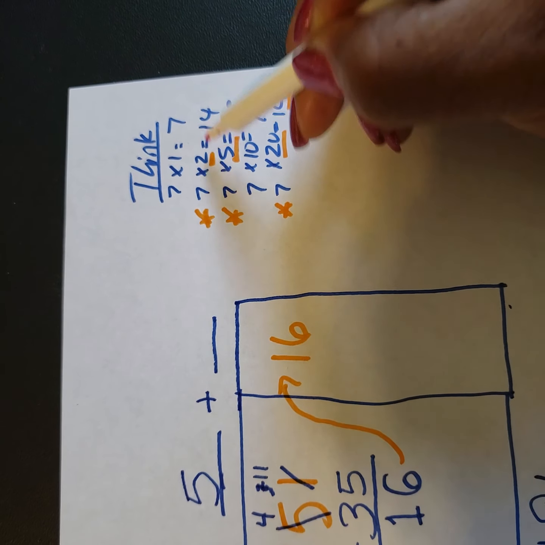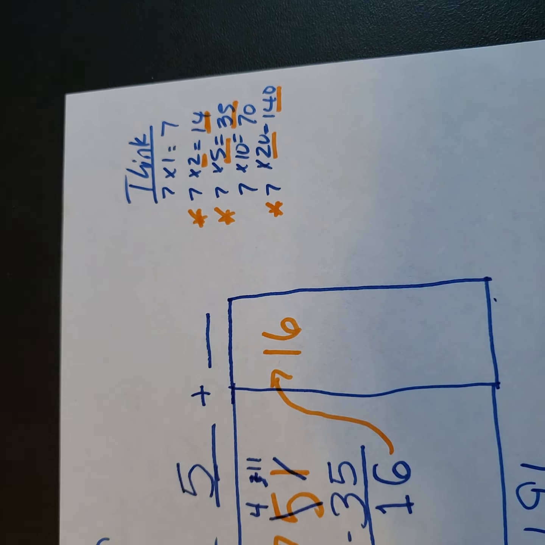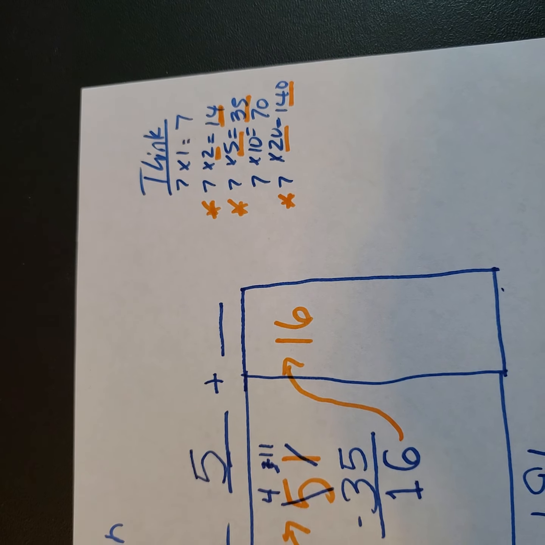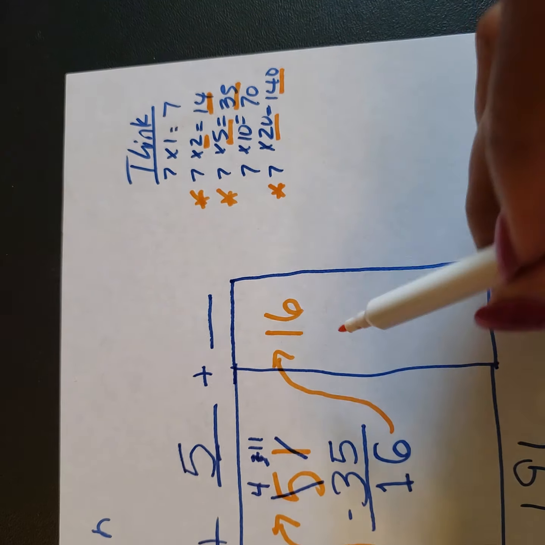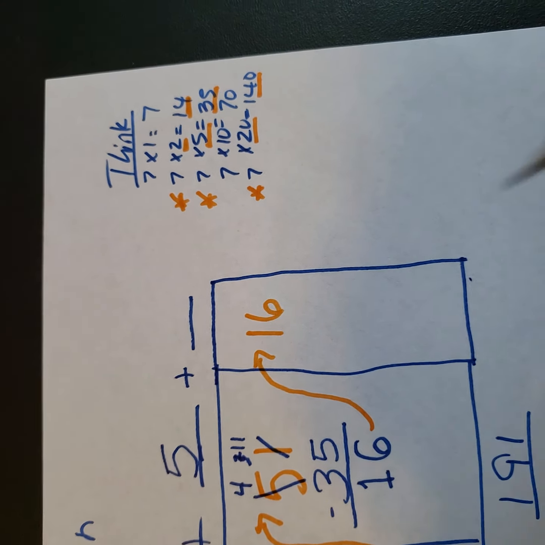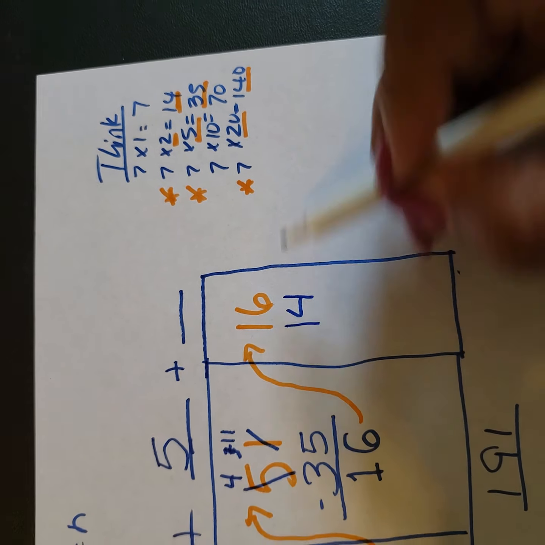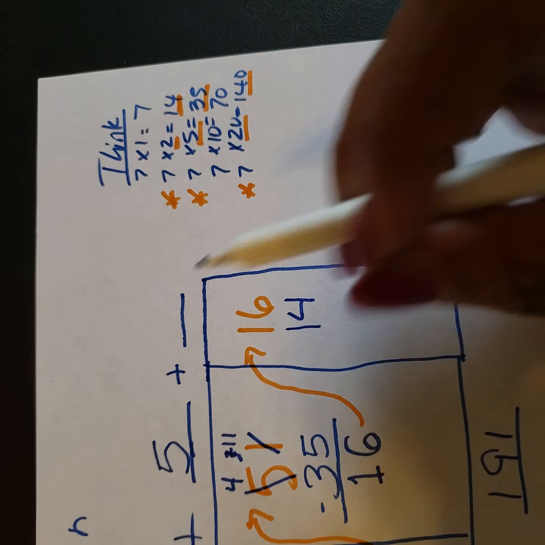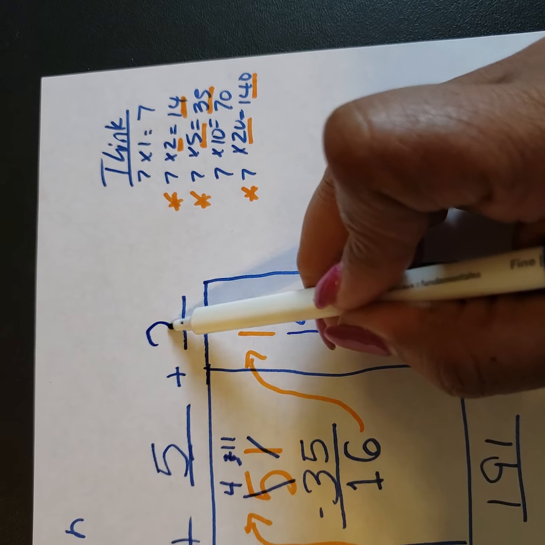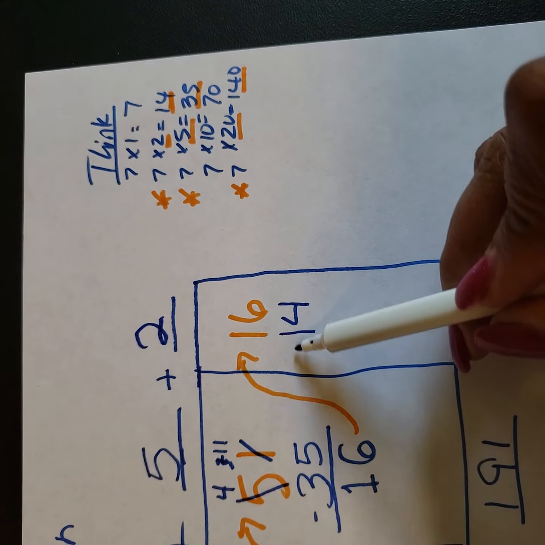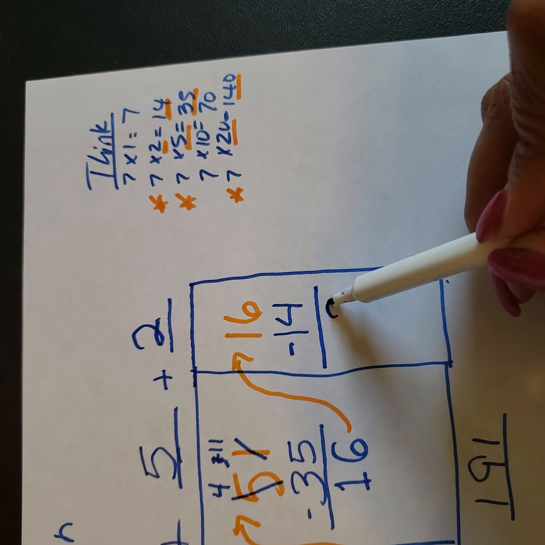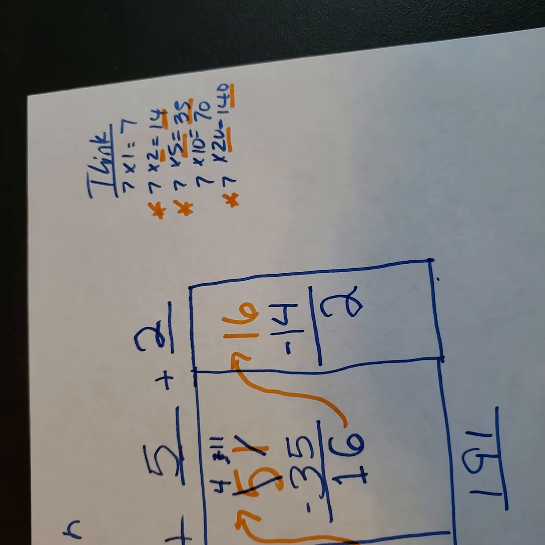Go ahead and put your asterisk there and underline your 2 numbers, okay? Now, where do we put the 14? You're right, we put the 14 under the 16 because that's our piece that we're going to use. And then we put the 2 at the top. Go ahead and do your subtraction, and we notice that we have a 2 left. You're right.